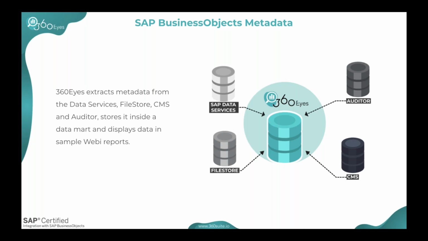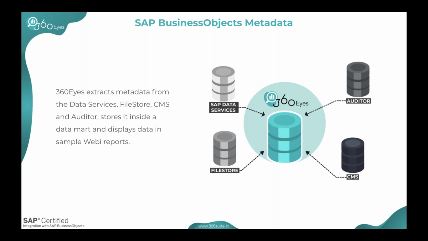Thanks, Don. Just to give you some context, so when Don gets into more of the presentation, you'll know what we're referring to with 360Eyes for those of you that aren't familiar. 360Eyes is one of the solutions in the 360Suite that allows you to extract the metadata about your Business Objects environment.